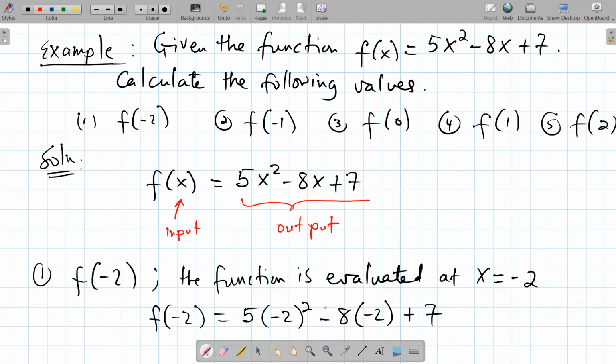You can grab your calculator and evaluate this easily. You shouldn't go wrong with your calculators. Let me go to another page and then we continue from there.